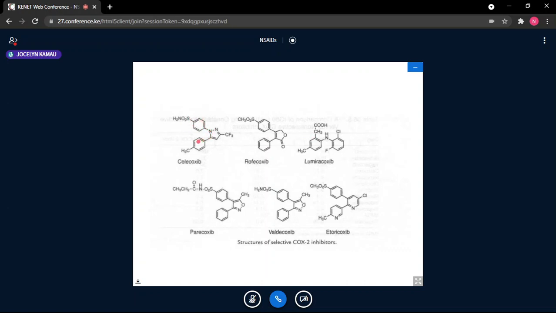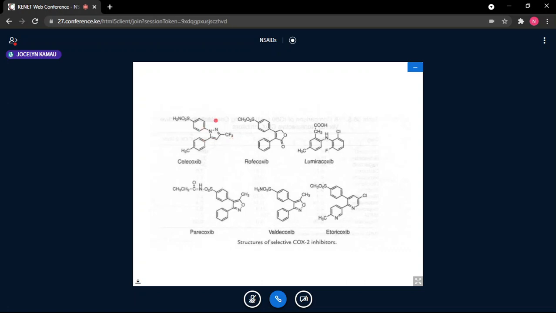So there is still a bit of similarity there, but also a lot of difference. To be honest, lumiracoxib has a major structural difference when you compare it to the others, because, as I have said, it borrows more from the phenylacetic acid derivatives than it does from the other coxibs.